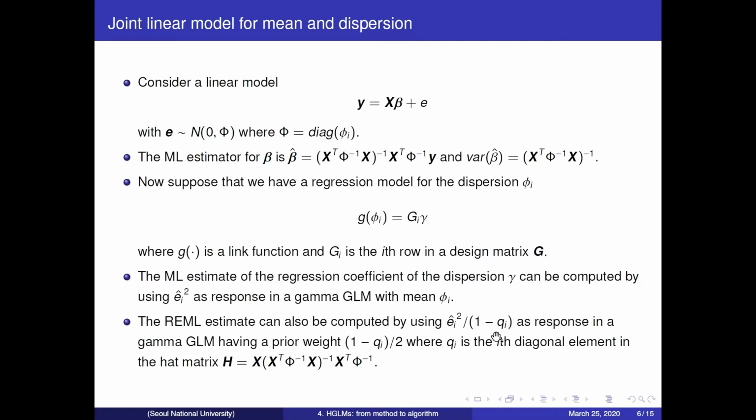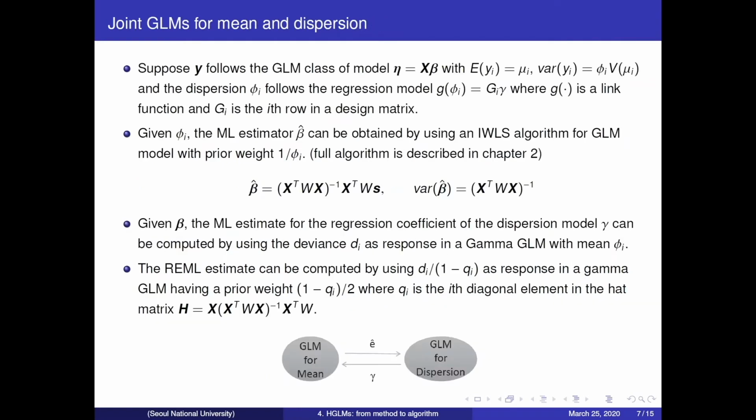Suppose Y follows the GLM class of models with eta equals X beta, with expected value of Yi equal to mu i, and variance of Yi equal to Ci V(mu i).